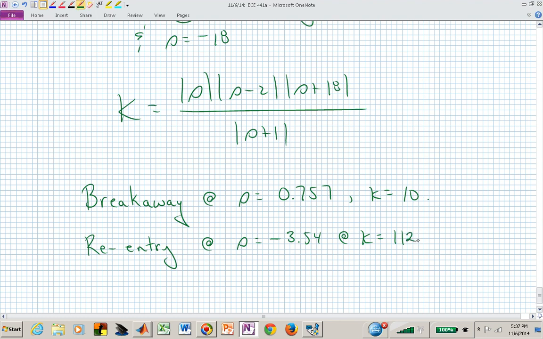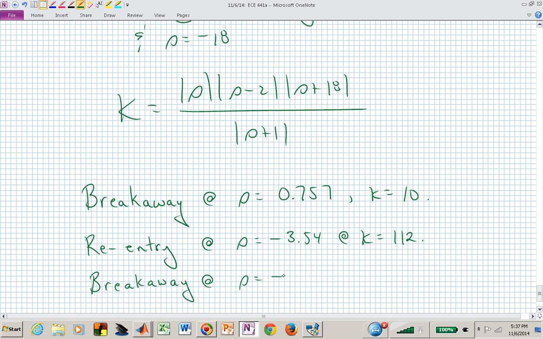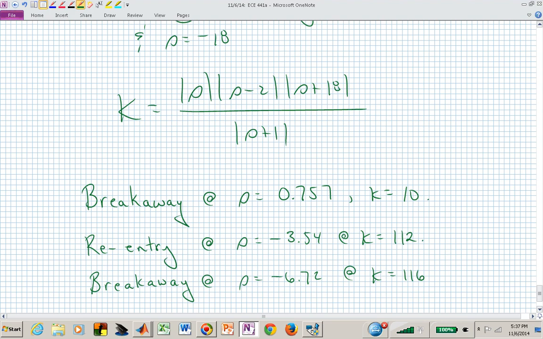I continue to crank up my gain a little bit, and I move my poles around the branches. These again are the closed loop poles, and when I get to s equal to minus 6.72 with a gain of 116, I now have another breakaway.